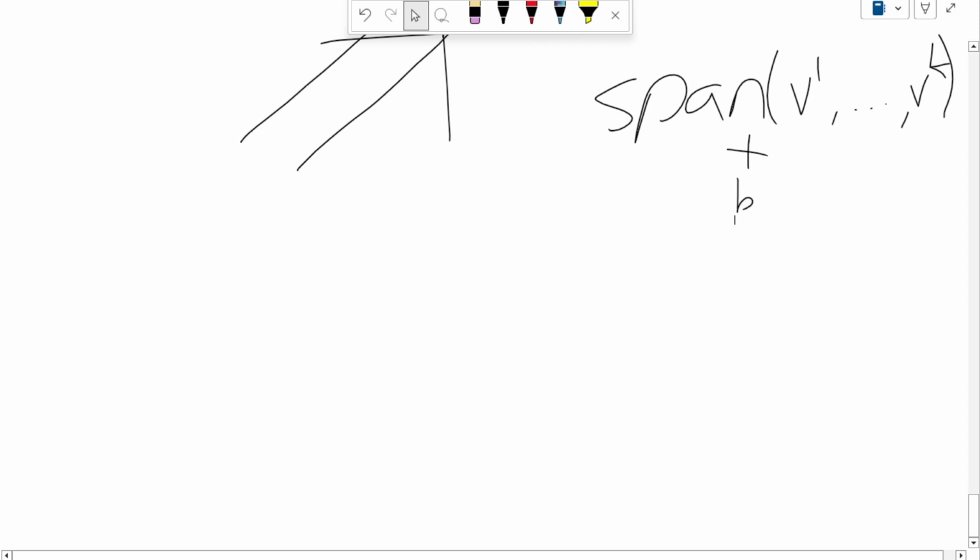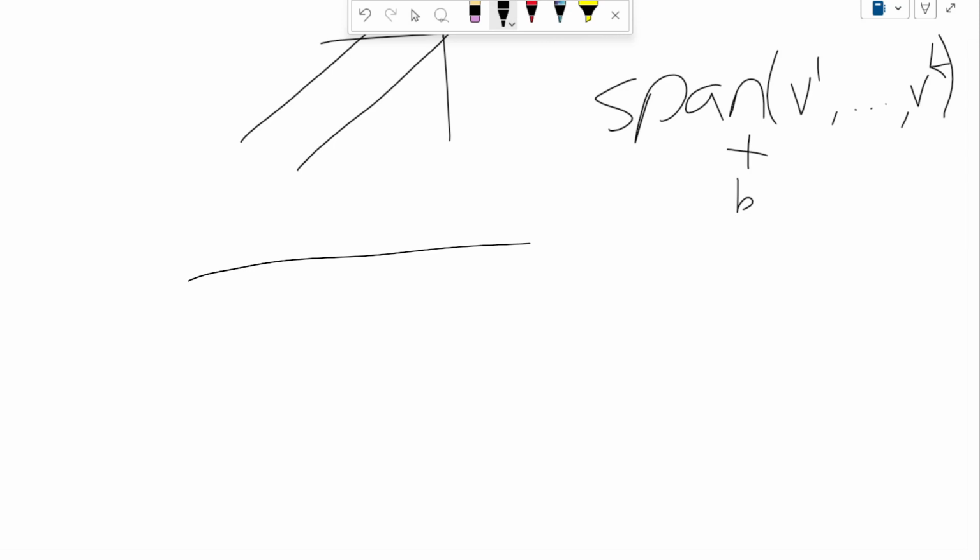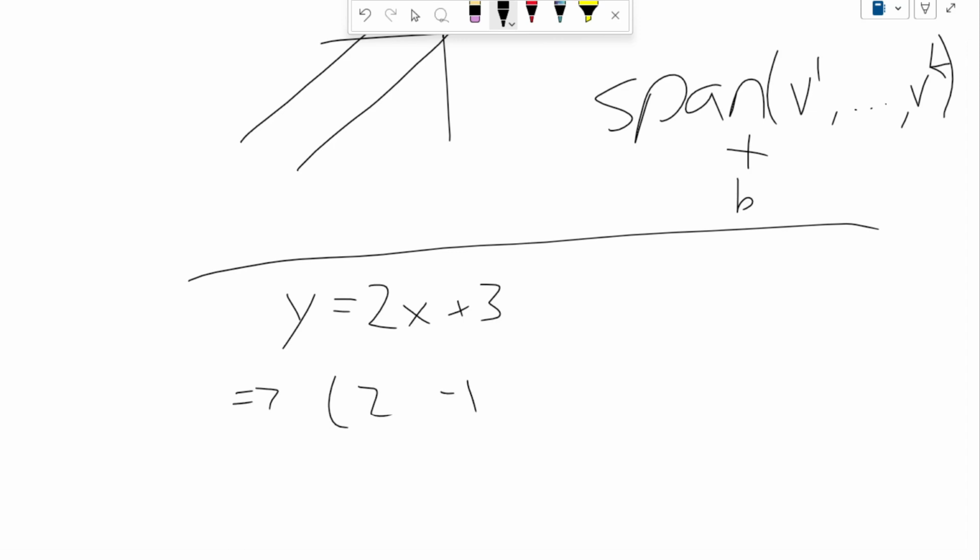So let's do an example. This is an example we already did, but let's be particular about it. We can look at the equation y equals 2x plus 3, right? And this can be written as negative 2 times x plus 1 times y, which is equal to 3.